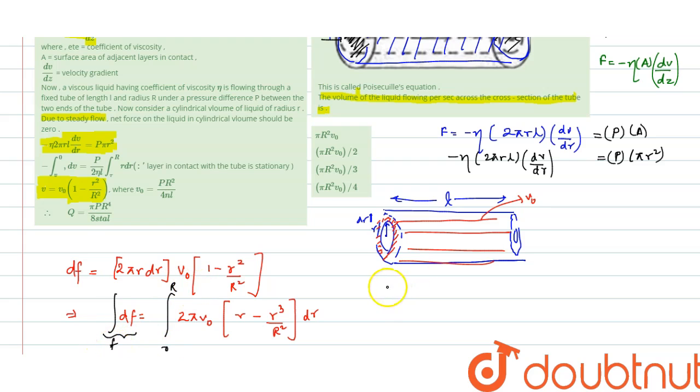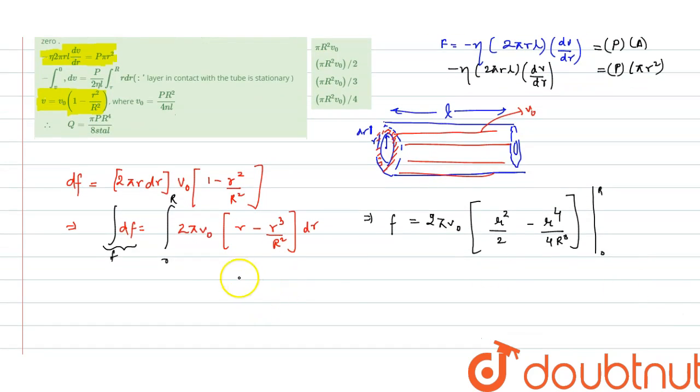Let's call this F. So total volume flow rate will be equal to integral 0 to R, which is 2 pi V naught multiplied by r square by 2 minus r to the power 4 upon 4 R square, with the limits 0 to capital R. That will be the total volume flow rate.